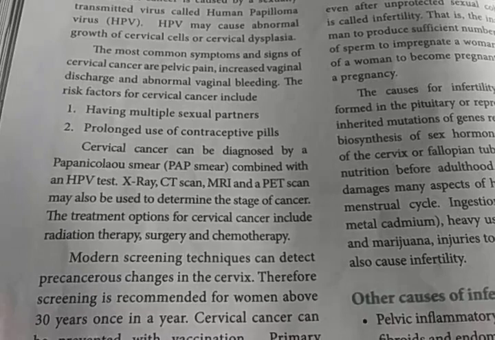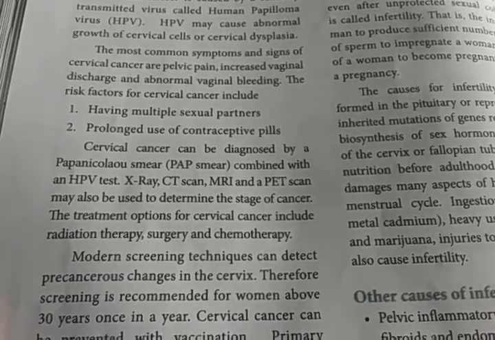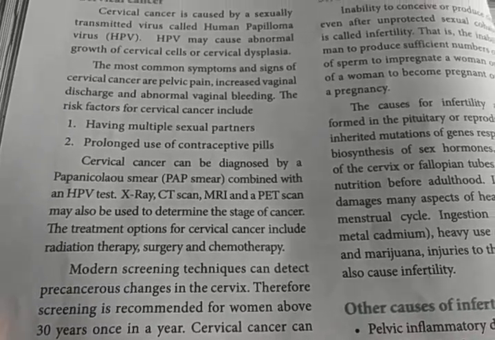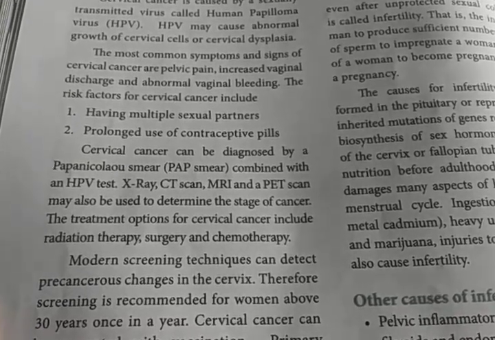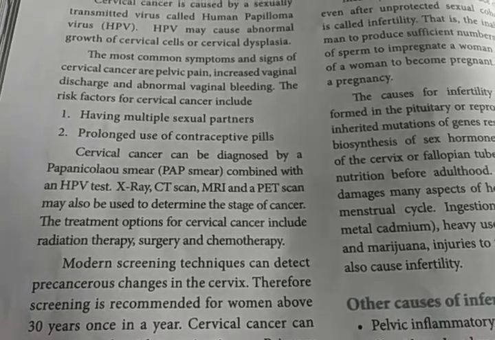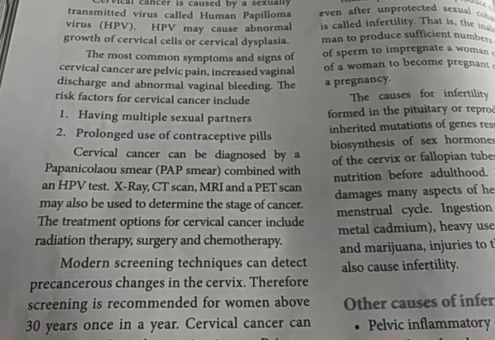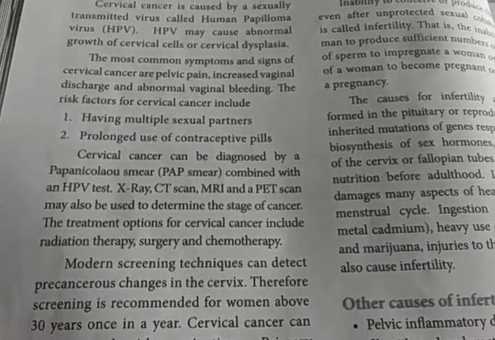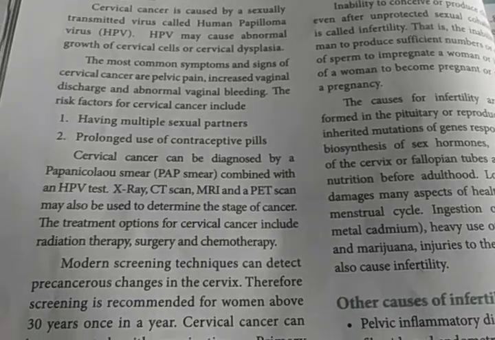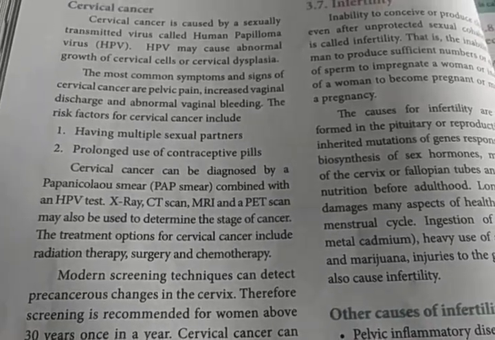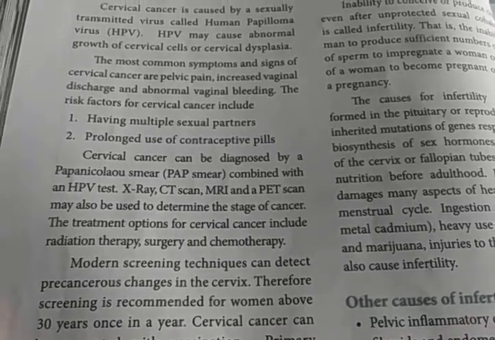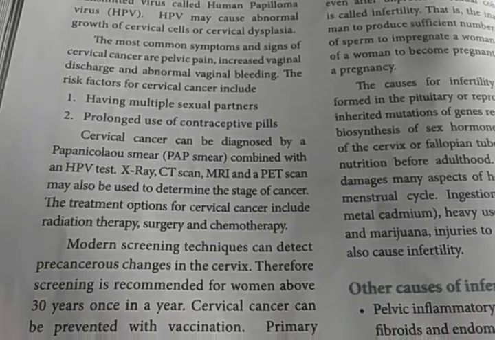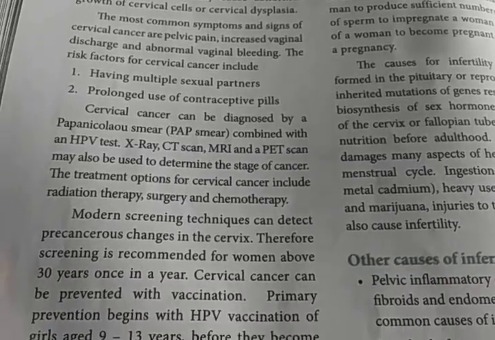They are doing that test also, and then the Pap smear test also. And X-ray, CT scan, MRI scan and PET scan may also be used to determine the stage of the cancer. With the help of these three different types of scan, CT scan, MRI scan and PET scan, we can identify which stage the cancer is in.